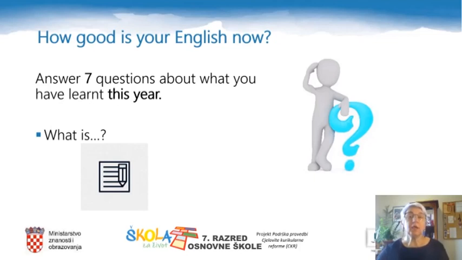That's why at the beginning of this lesson there will be 7 questions. 7 because you're grade 7, and all 7 questions will be about different aspects of learning English and different things that help you learn English better. If you are working in front of your computer, please stop this video and open your notebook, because I will ask you to write some questions and some answers into your notebook.